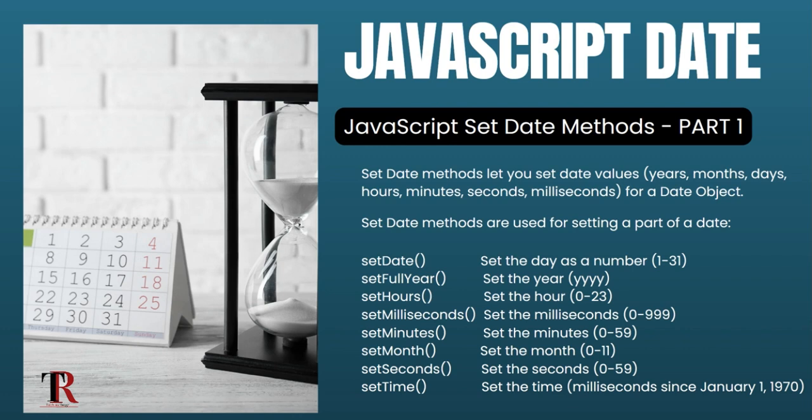We have the get method, which allows you to get values, and then we have the set method, which allows you to set values. So these are the two aspects of date methods in JavaScript. We have the get and then we have the set.